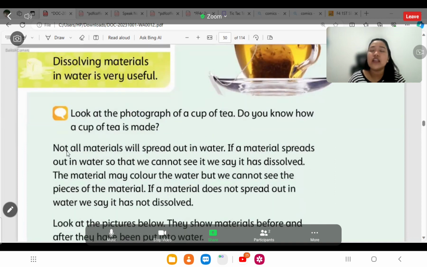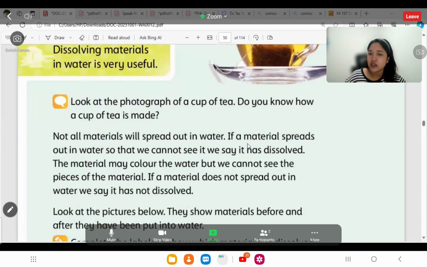So here, let's read. Not all materials will dissolve in water. If a material spreads out in water so that we cannot see it, we say it has dissolved.